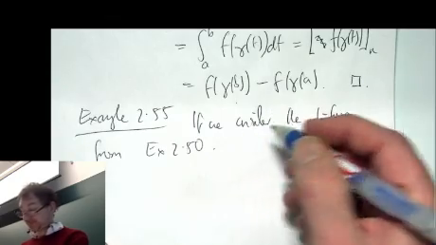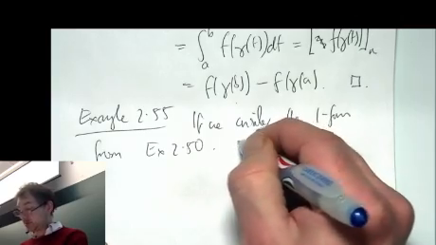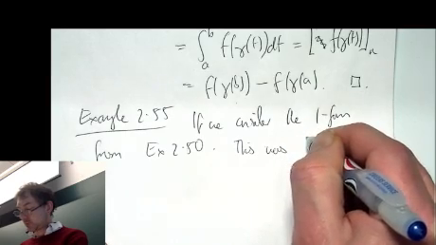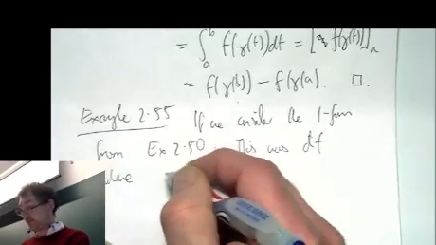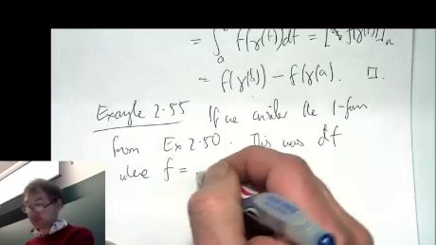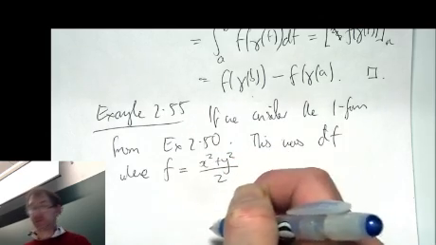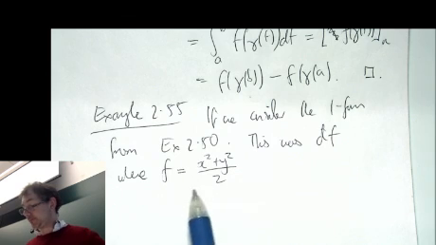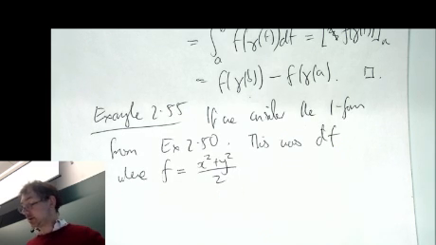So this was df, where f is equal to (x squared plus y squared) over 2. So d of f in that case was going to be 2x dx, so we're cancelling the 2, so x dx plus y dy.